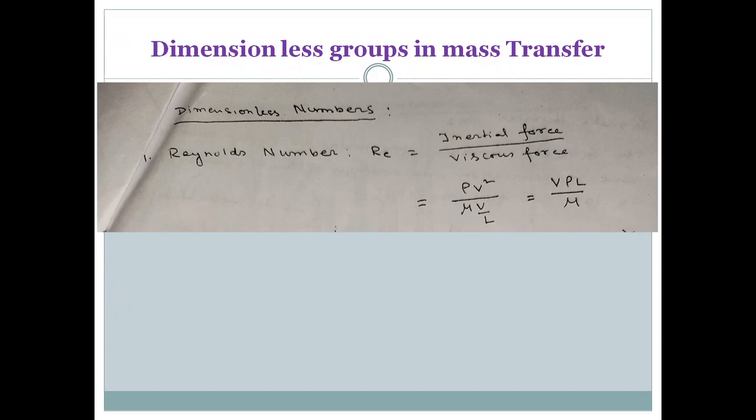Because the fluid has a velocity, because of that inertia the fluid will try to keep moving. Inertial force can be of two types, dynamic inertia and static inertia, but in fluid flow it is dynamic inertia.